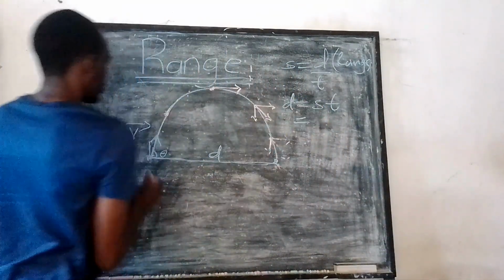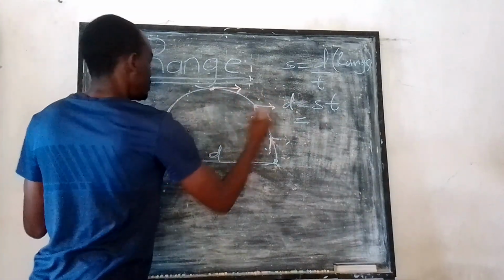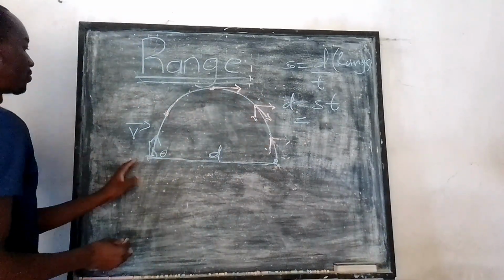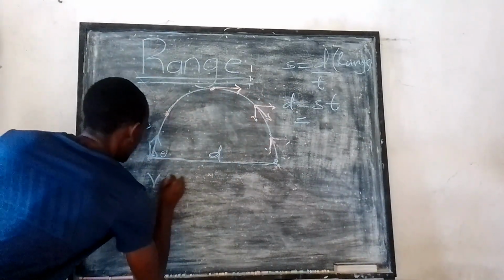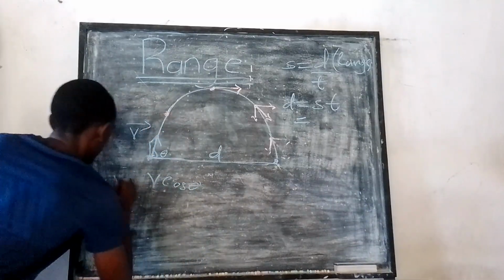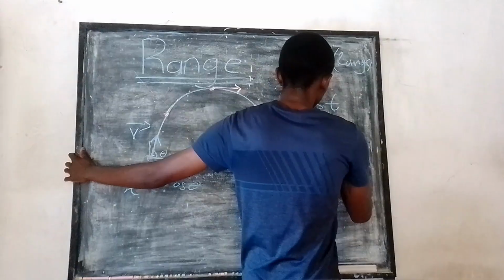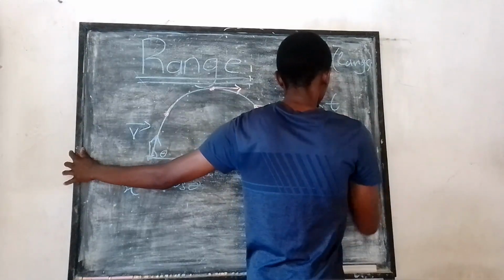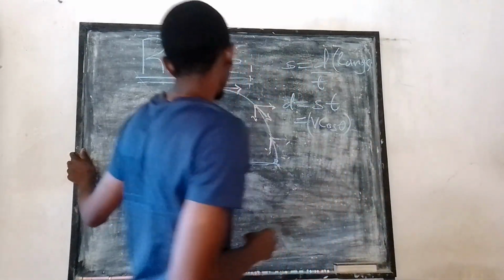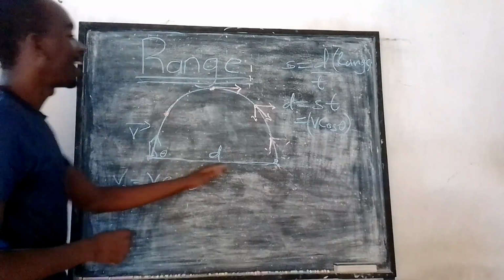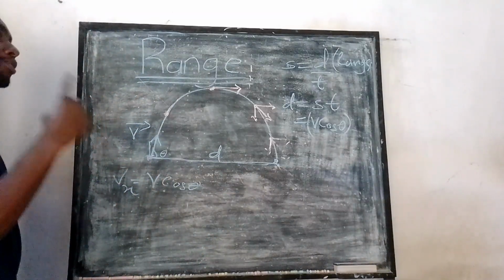The speed is simply the horizontal component of the velocity. What would we say that is? That's v cos theta. Vx is equal to v cos theta. Right, so we come here and we write v cos theta multiplied by what? Multiplied by the time. That is the time of flight.